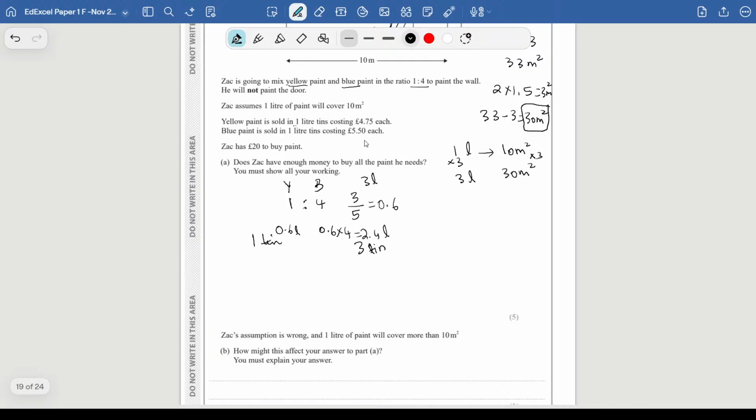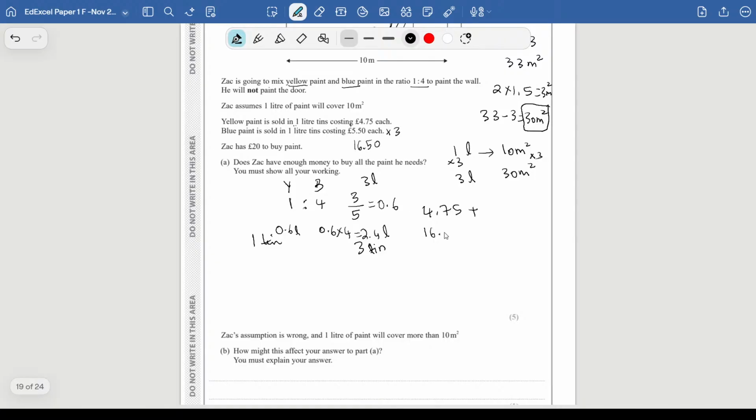So how much total cost he requires? So he needs 4.75 plus 5.5 times 3. So that's 5 5s are 25, 3s are 15, 16.5.